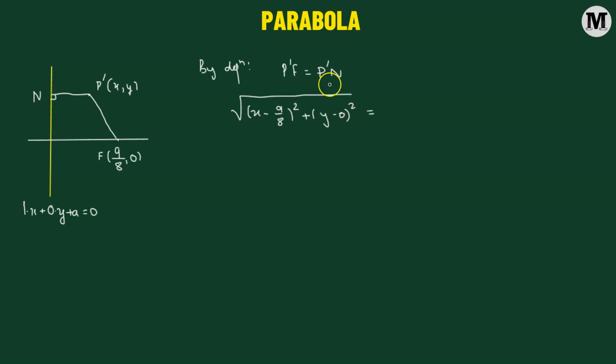That will be equal to P prime N, which is 1 times x plus 0 times y plus a, whole divided by the square root of 1 squared plus 0 squared.